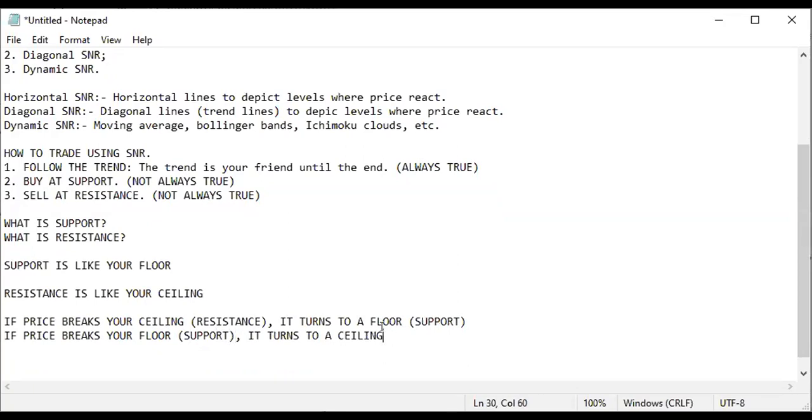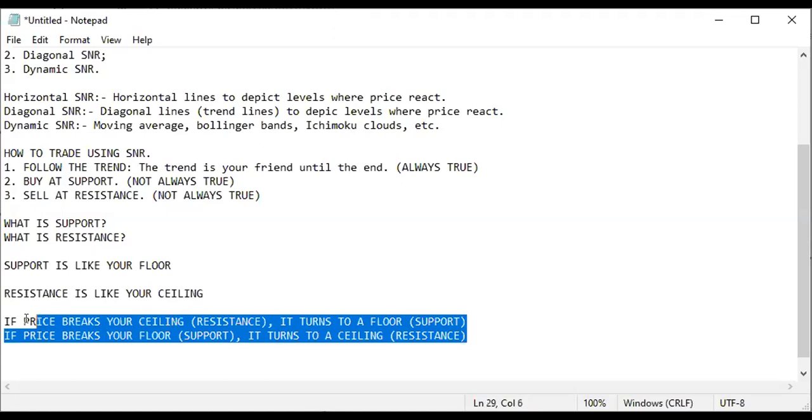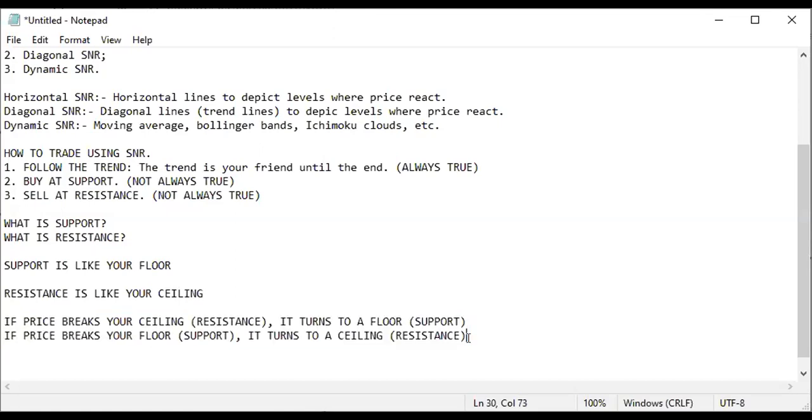A resistance. So you guys should get this straight, please, so that you won't be confused at any given point in time. If price breaks your ceiling, it turns to your floor, and if price breaks your floor, it turns to a ceiling, meaning it turns to your resistance.